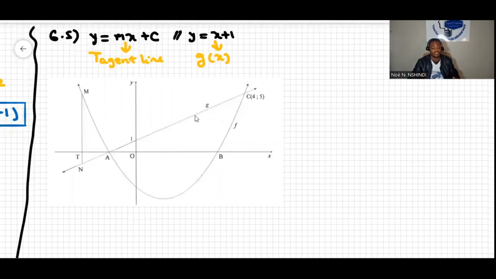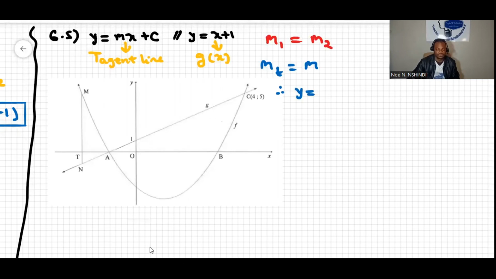So we ask ourselves the condition to have parallel lines. We know that two lines are parallel if the gradients are equal. So we need the gradient of the first line to equal the gradient of the other line. In this case, the gradient of the tangent line must be equal to the gradient of the straight line.